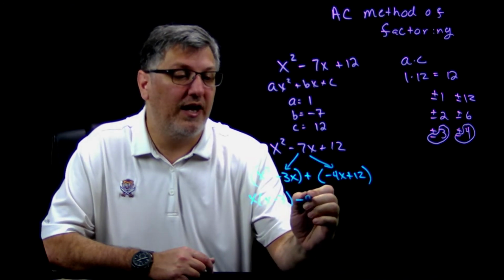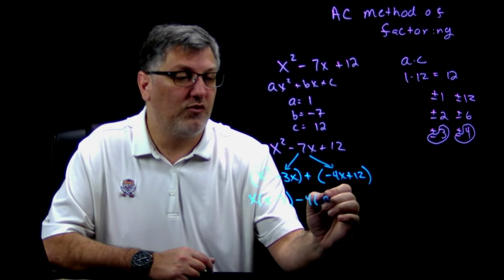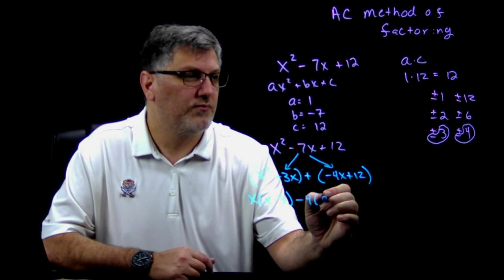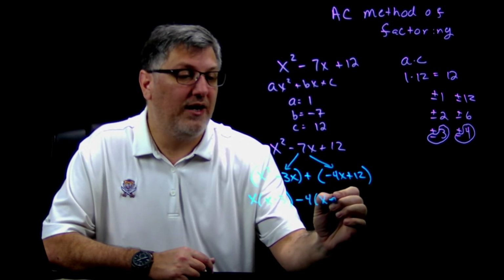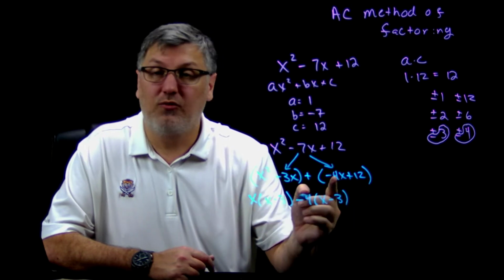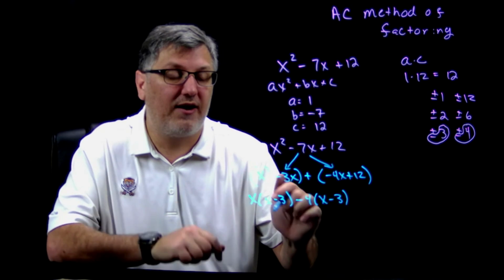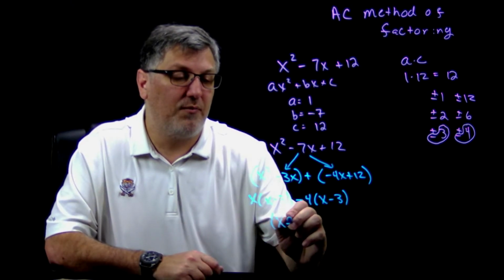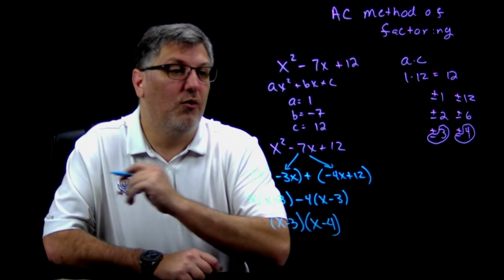So I can have my negative 4, and when I divide out my negative 4, I'm going to get x minus 3. Hey, look, when we factor by grouping, we've got another greatest common factor. We factor that out. X minus 3, x minus 4 is what's left, and now you are factored.